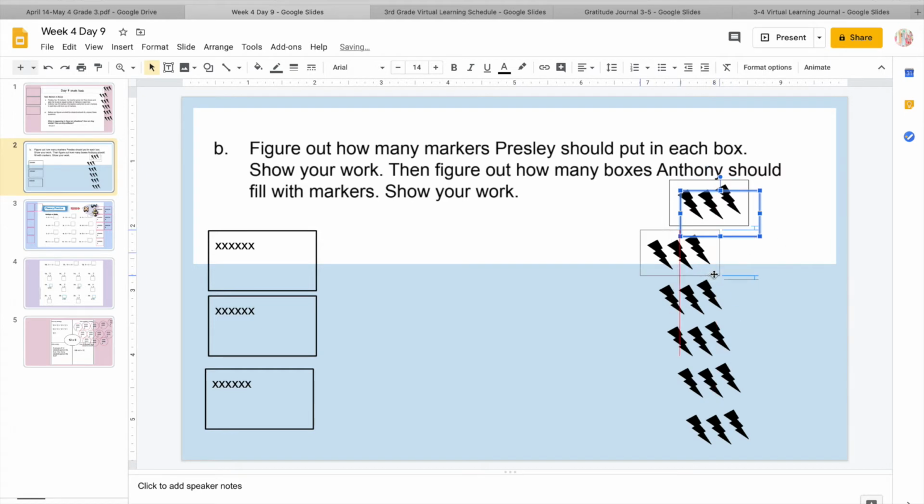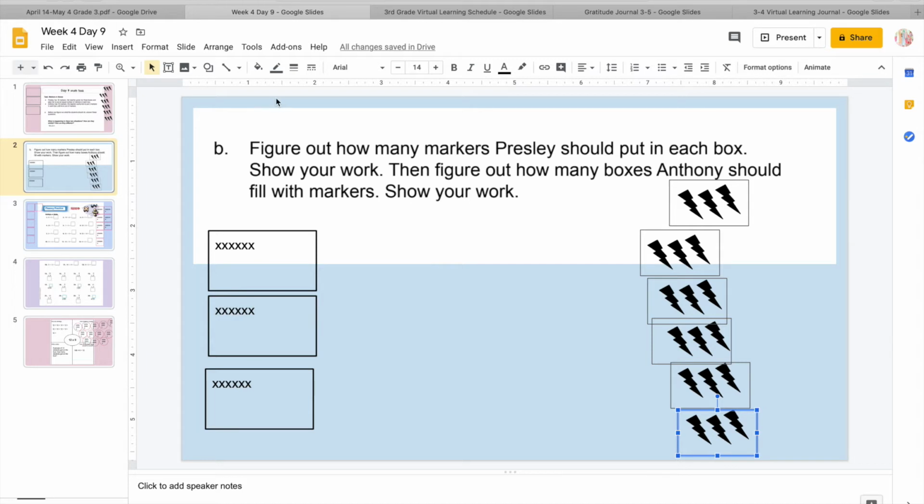There's 2 boxes. There's 3 boxes. There's 4 boxes. There's 5 boxes. And there are 6 boxes. So either way, he's going to end up with 6 boxes. And remember, there were 6 markers in each box.